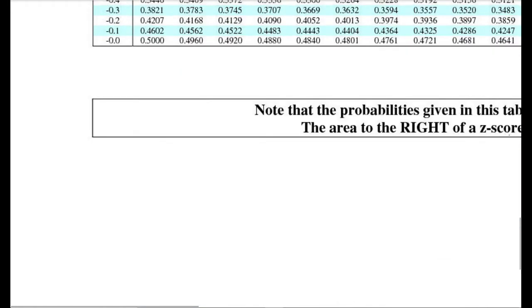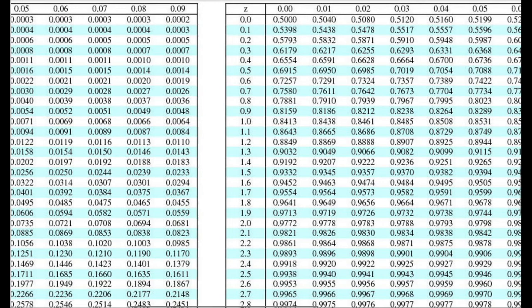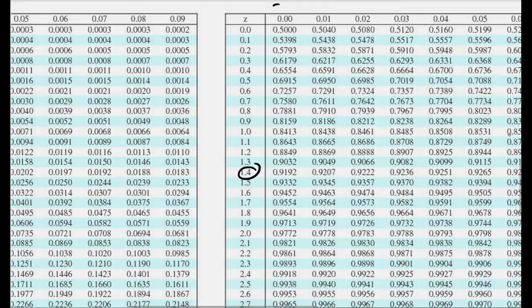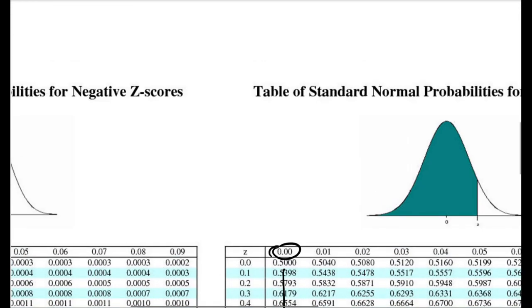So we have 1.50, which correlates to an area of 0.9332.